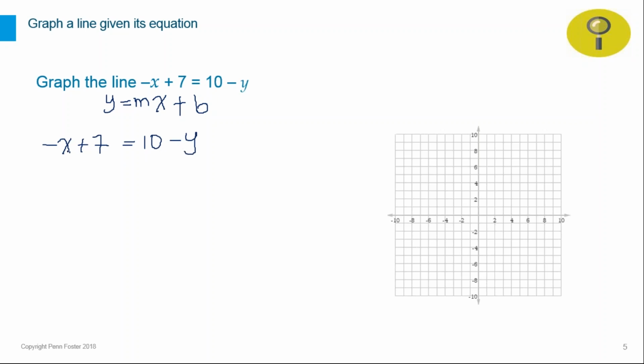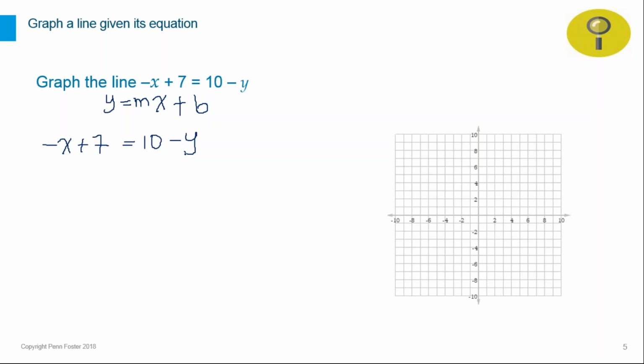We see that the x is on the left-hand side. It should be on the right-hand side. And here too, the y is on the wrong side. It should be on the left-hand side. So there have to be multiple steps to change this equation to the slope-intercept form. First, let's bring the y to the left-hand side.